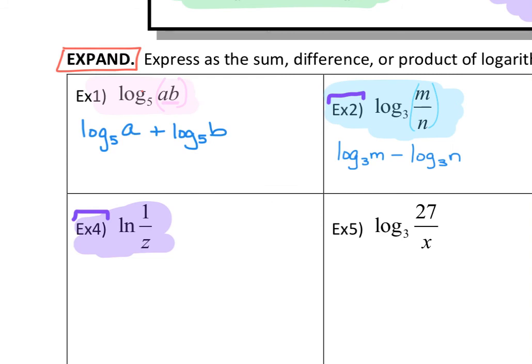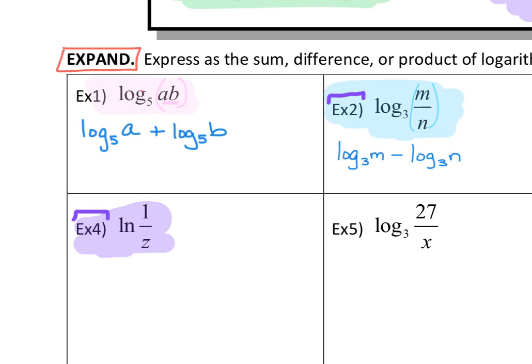But I like to show this to you separately because the 1 in the numerator can be a little bit tricky. And so it's just easier to learn the result rather than trying to walk yourself through the log of 1 is 0 and then 0 minus a number is a negative number.